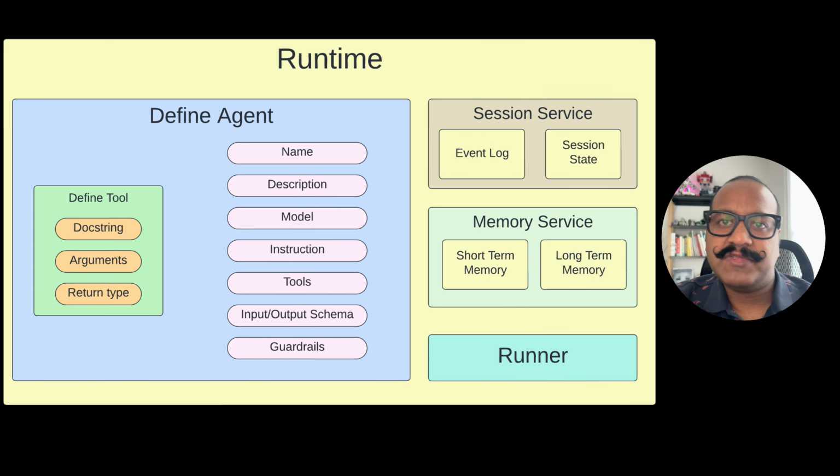A runtime for ADK involves tools at the most granular level, and agents using these tools. These agents are controlled and run by a runtime that has different components like a session service, a memory service, and a runner that runs the whole process.